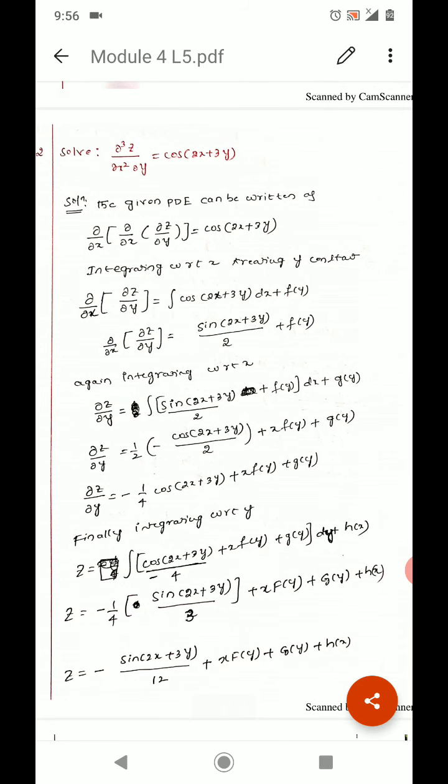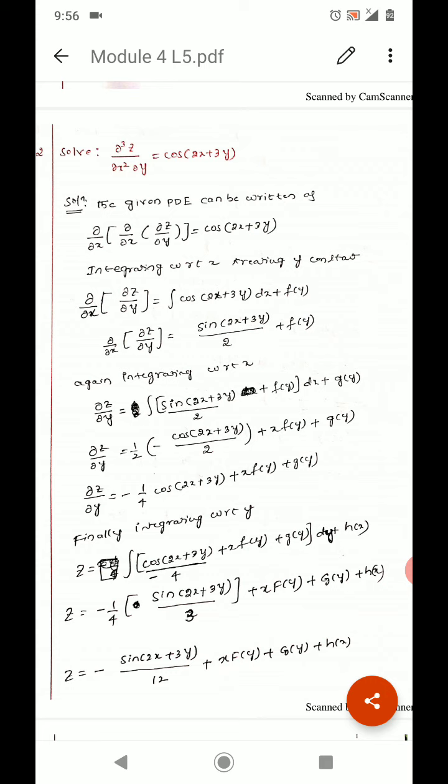So del z by del y is equal to the integration of sin of 2x plus 3y divided by 2. So 1 by 2 we keep outside, so minus cos of 2x plus 3y divided by 2, since the integration of sin is minus cos, plus the integration of f of y with respect to x, which is x into f of y, plus g of y.